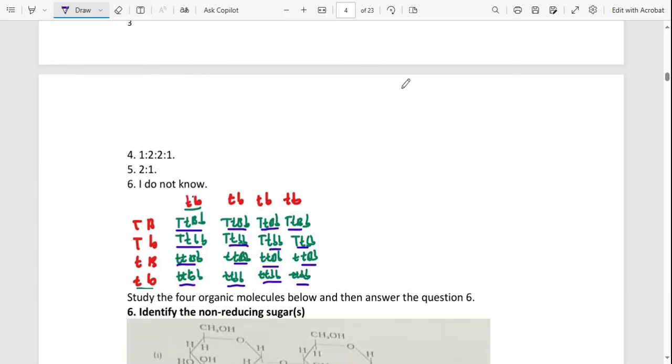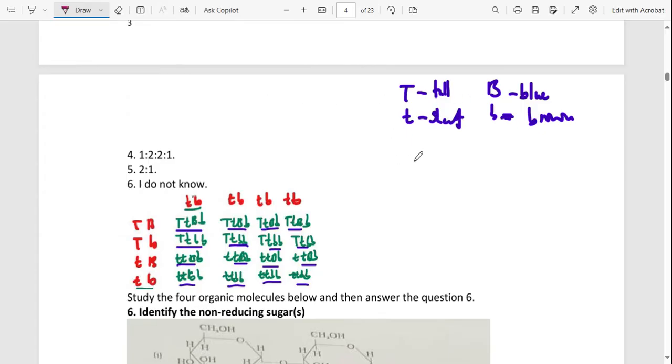Let's say capital T is being tall, capital B is having blue eyes, small t is being short, and small b is having brown eyes. So this is a dihybrid.